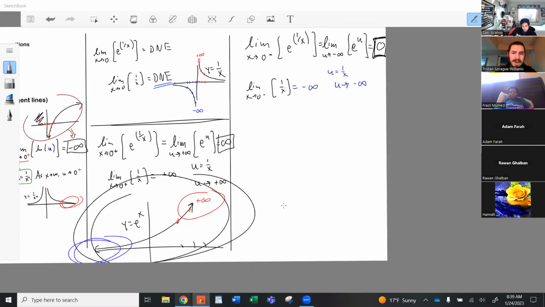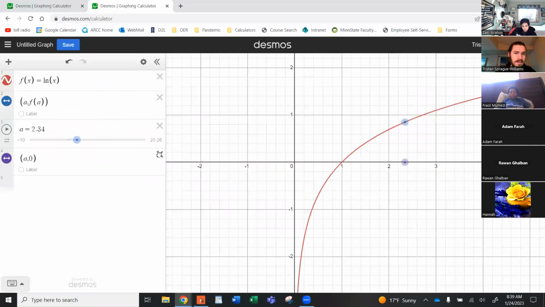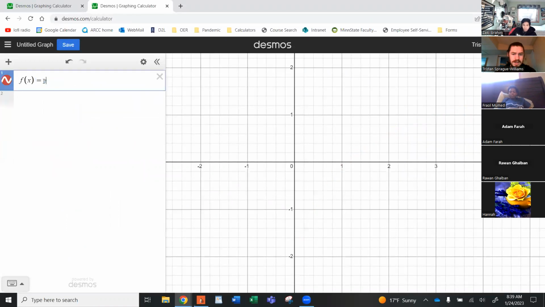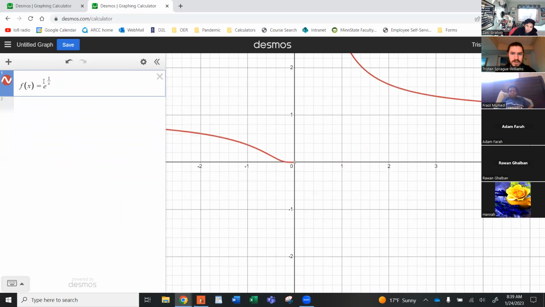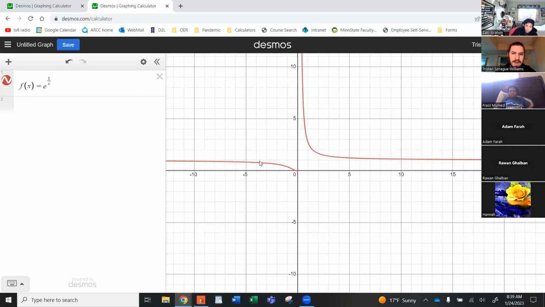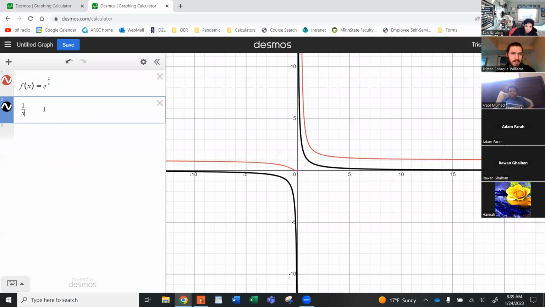Let's see what the actual graph of the function is. The actual function is e to the power 1 over x, which looks like this. And that's a little different from anything that I was drawing, right? Because I wasn't actually drawing the graph of this. I was drawing the graph of 1 over x, and then I was drawing the graph of e to the x, just the individual components that are being composed together here.